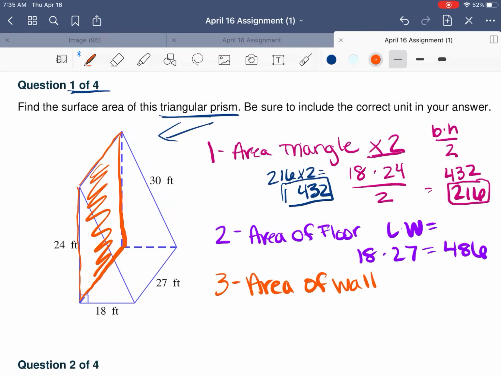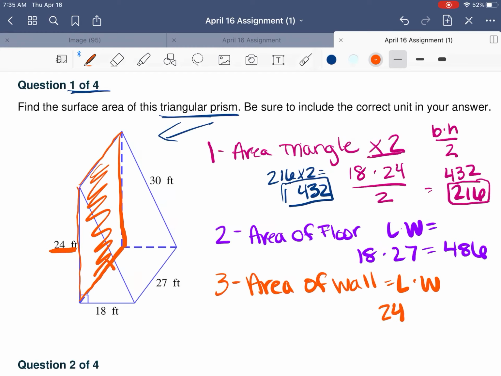We're looking for that part too. It's still a rectangle, so I'm still just looking for the length times the width. On this one, we can tell that the length right here is going to be 24. That's one side of it.